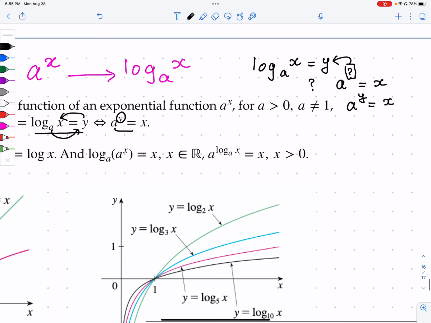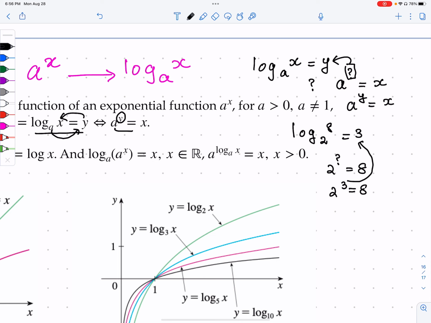So for example, if we ask you, what is the log 8 base 2? In other words, the question is, what is the power of 2 that will give me 8? You're all experts. You know that 2 cubed is equal to 8. So the answer would be 3.